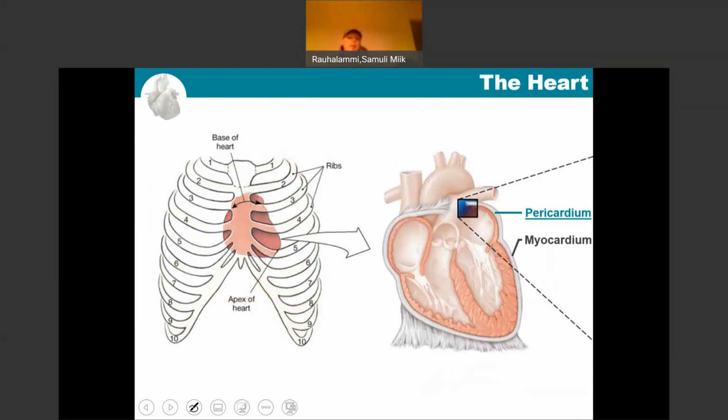The other thing that I wanted to take just a moment to discuss at this point is the fact that the heart is located inside a sac, what we call the pericardial sac or pericardium. This sac serves a few different purposes. First of all, if there's an inflammation somewhere in the body, the body tries to use these compartments to separate it so that the inflammation cannot spread wildly throughout all parts of the body.